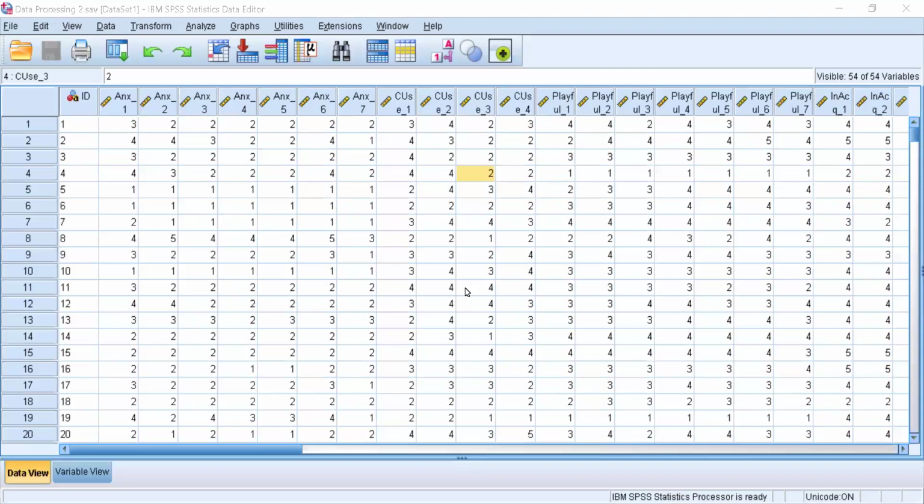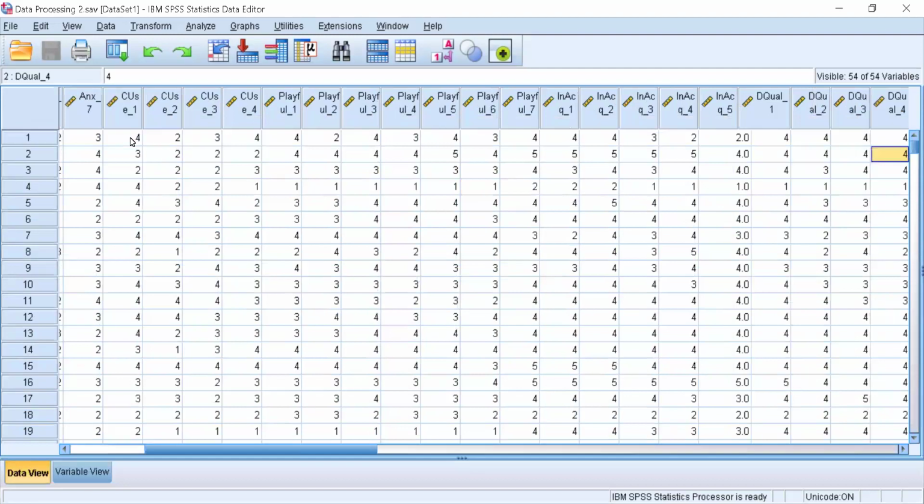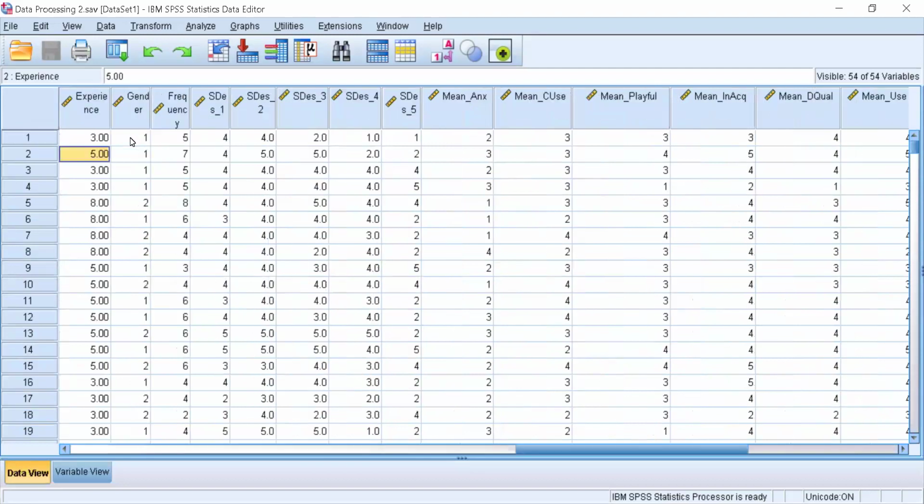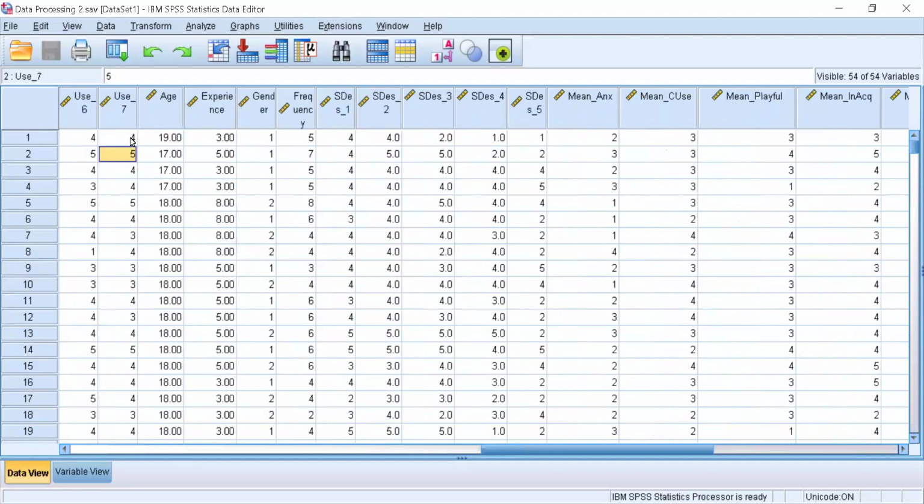I hope it is visible now. Yes, ma'am. Earlier we had 48 question variables, and through factor analysis we found that there are just 6 factors. See, 1, 2, 3, 4, 5 and 6.